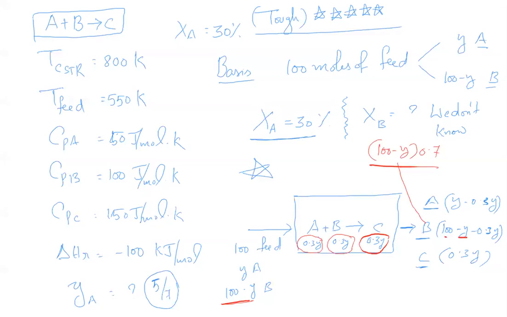What is B into the reactor minus what is B reacted? What is A into the reactor? This is what A in is, this is what A reacted is, this is what B in is, this is what B reacted is.